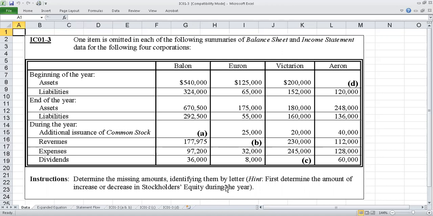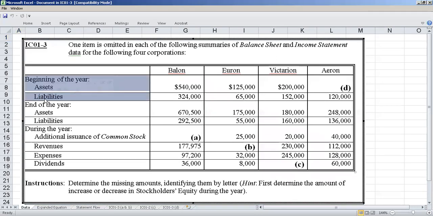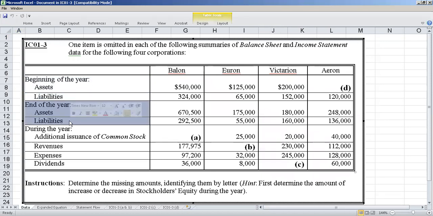All right. And we have part of the basic accounting equation as of the beginning of the year, and we have part of it at the end of the year. It's relatively easy to figure out what stockholders' equity is because we know that assets minus liabilities equal stockholders' equity.